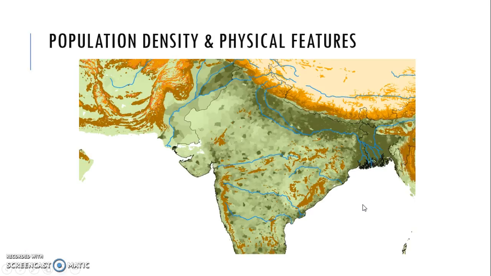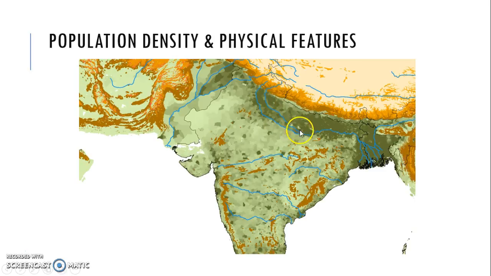This one is of rivers. Himalayan mountains have a lot of snow, and snow melts. When snow melts from the Himalayas, it flows into these rivers. So people like to live next to rivers because they provide water, they provide a means of transportation. So these are very good places to live.